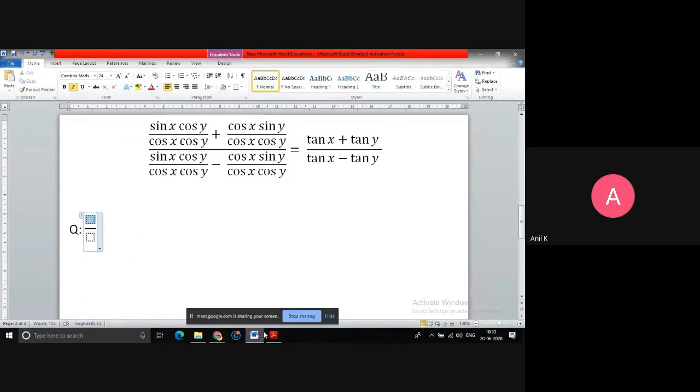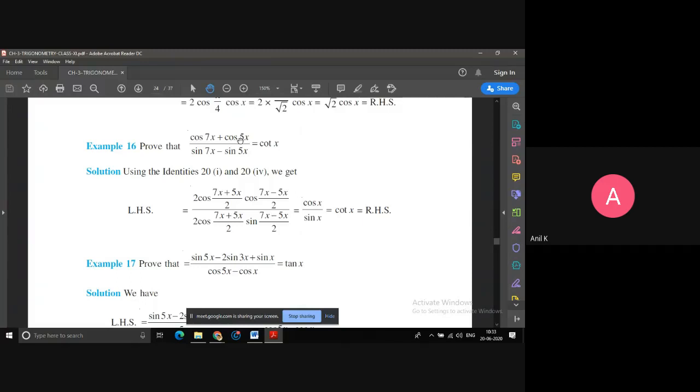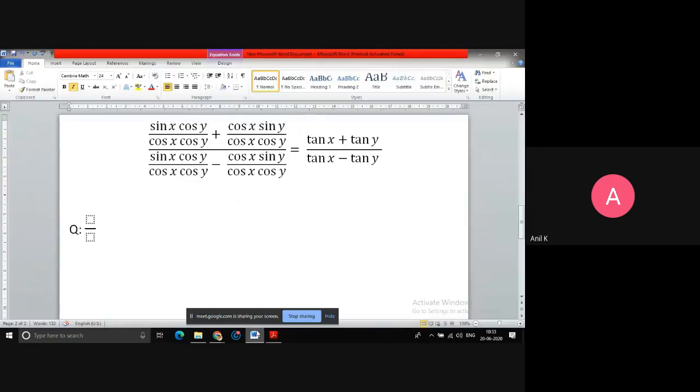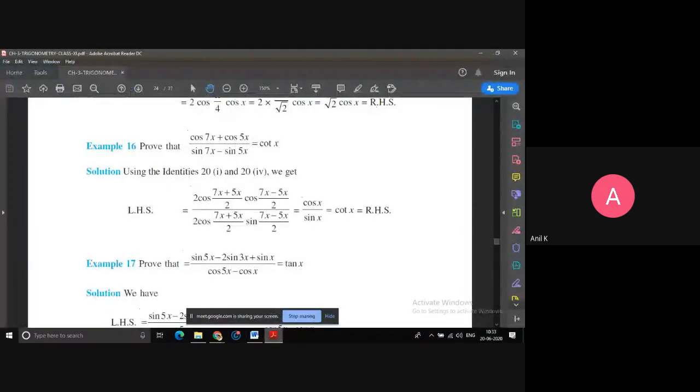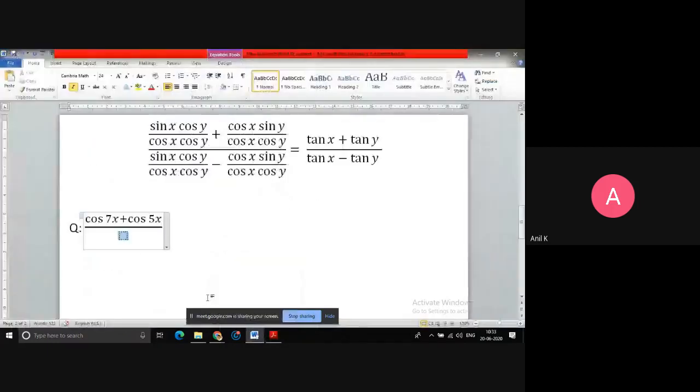What you have in the numerator here is cos 7x plus cos 5x, upon, denominator is going to be sin 7x minus sin 5x. This is our given question.